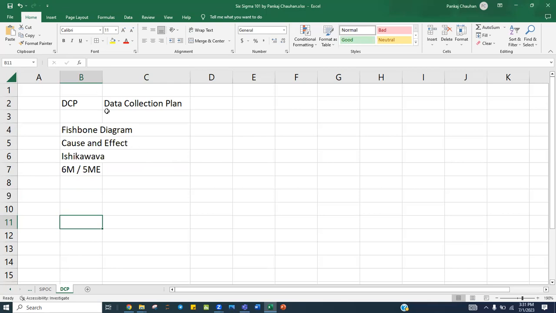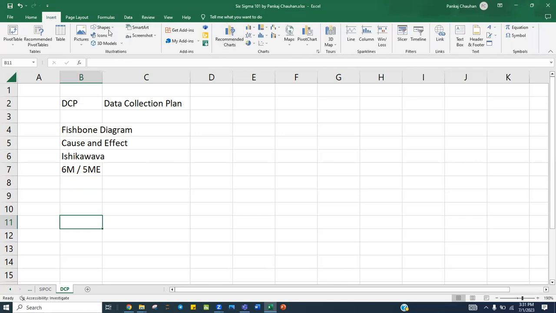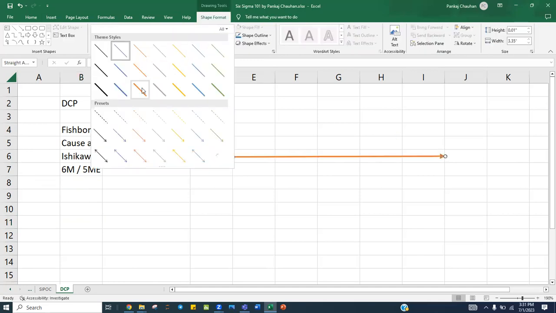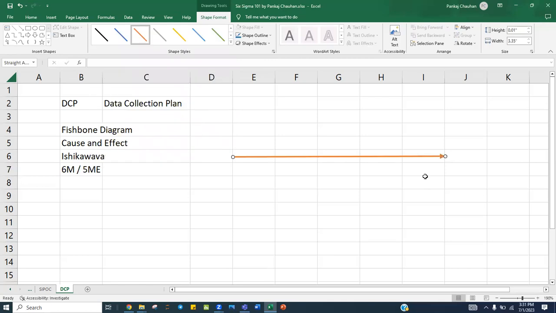So what is the fishbone diagram? It looks like a fish because the skeleton of this diagram looks like a fish skeleton. Assume this is the main rib of a fish, and then you will have some branches here.